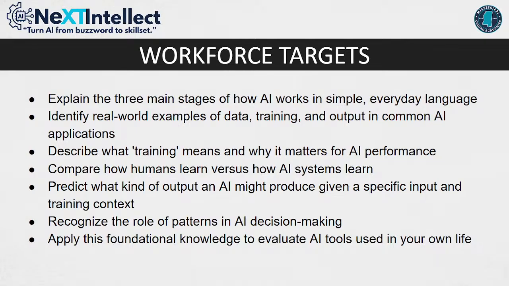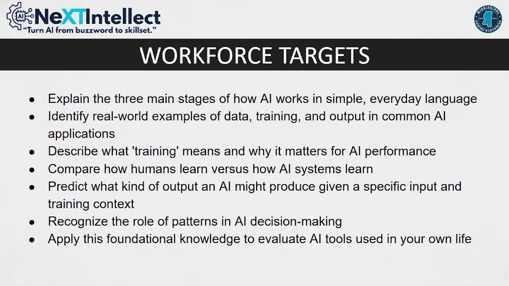The workforce targets for this lesson: explain the three main stages of how AI works in simple everyday language. Identify real-world examples of data, training, and output in common AI applications. Describe what training actually means and why it matters for AI performance.